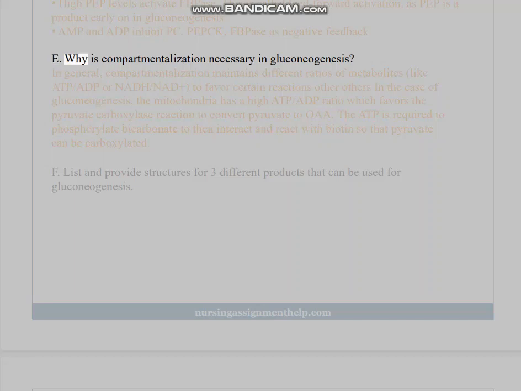E. Why is compartmentalization necessary in gluconeogenesis? In general, compartmentalization maintains different ratios of metabolites, like ATP/ADP or NADH/NAD+, to favor certain reactions over others. In the case of gluconeogenesis, the mitochondria has a high ATP/ADP ratio which favors the pyruvate carboxylase reaction to convert pyruvate to OAA.